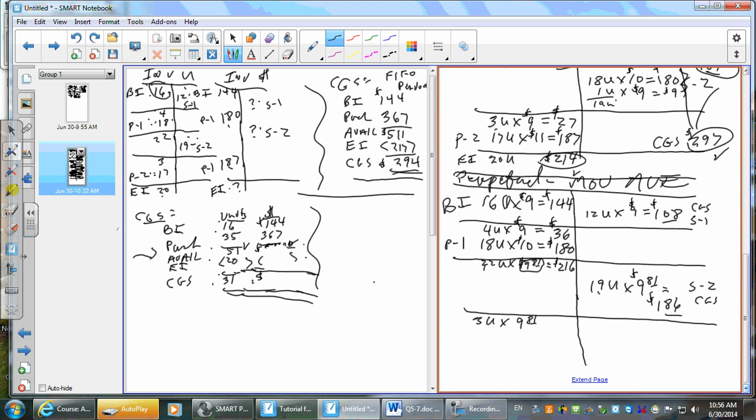What's 9.81 times 3 units? It's 216 less 186, about $30. Real close. Okay? So we put the pennies in it.